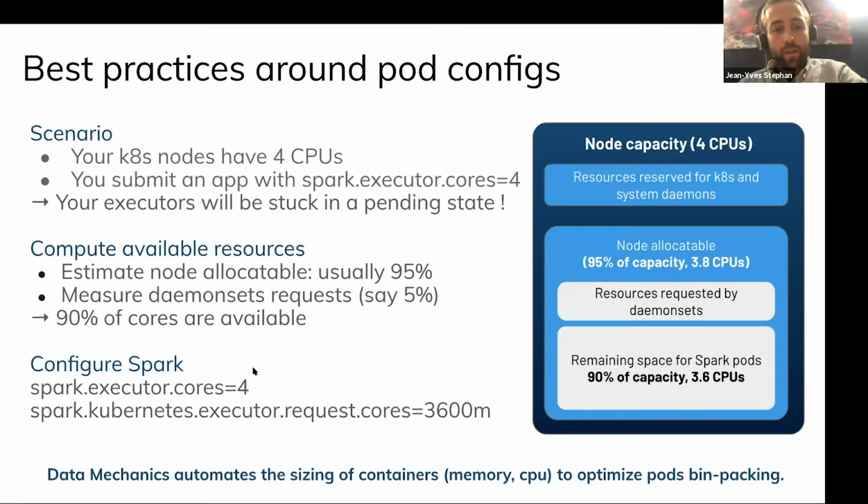And when you do that, you realize that you're actually over provisioning a little bit the number of Spark executor cores compared to the actual CPU request. And in fact, the two numbers could be decorrelated. You could tell Spark, actually I have 8 cores, but still have only 3.6 CPU allocated.